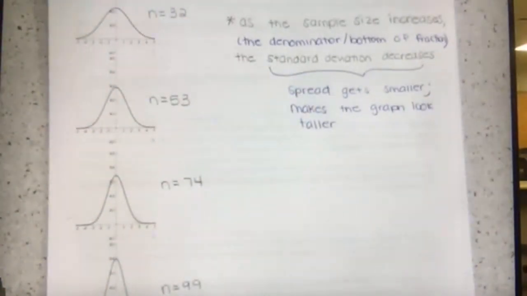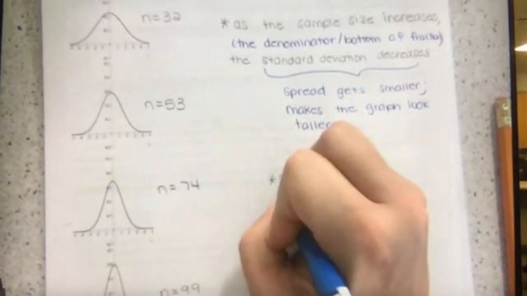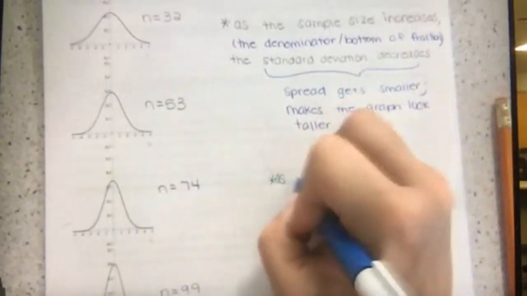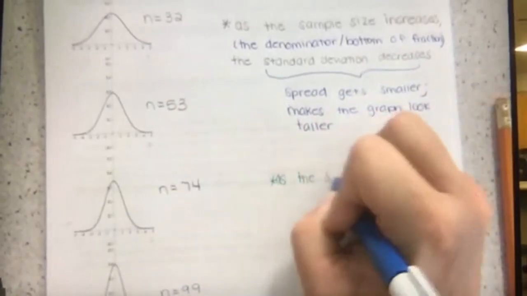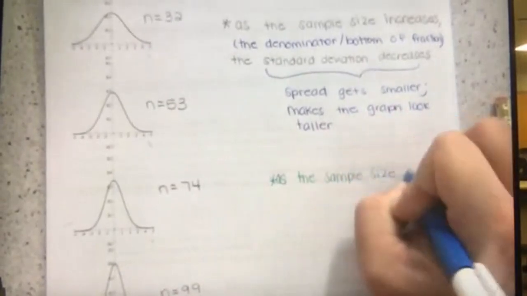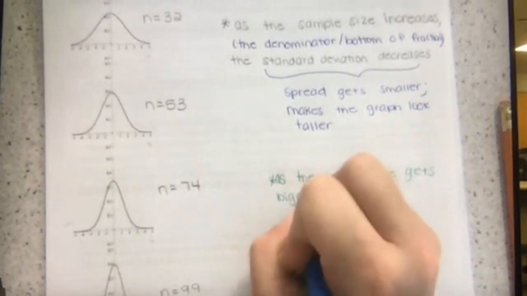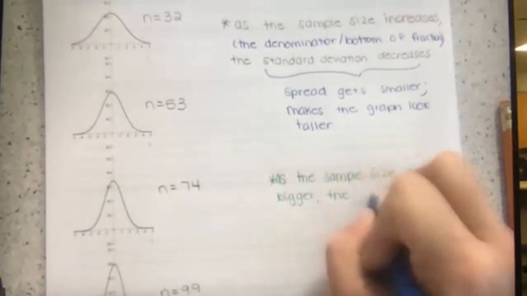Our sample size increases. So as the sample size gets bigger, the graph gets taller.